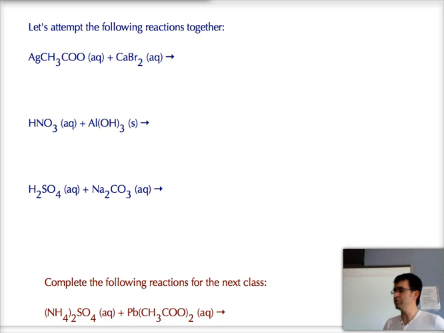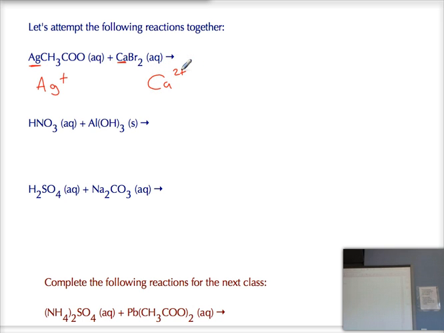If we look at the first one, we have silver acetate and calcium bromide. Those are the ones that are going to exchange places. The other ions are going to be the acetate ion and the bromide ion. So let's write the positive ions that we have: Ag plus, and also Ca2 plus.